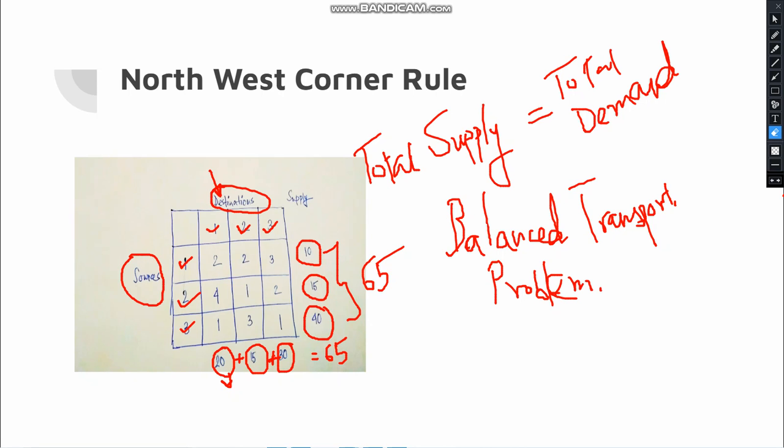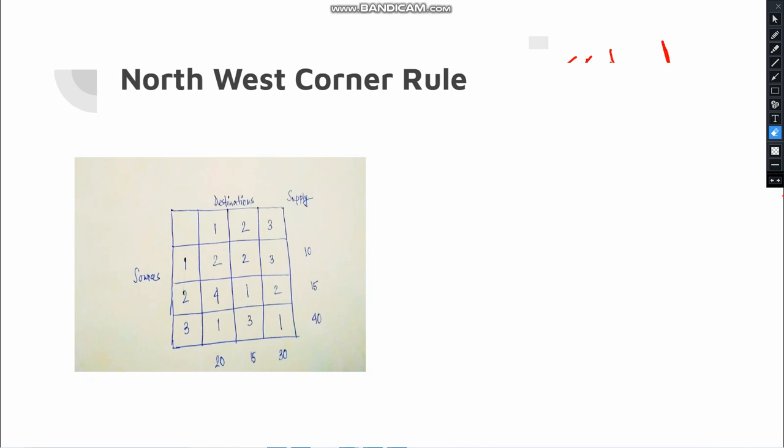Now we'll be observing how to solve these problems using the northwest corner rule. So let us write all these problems.